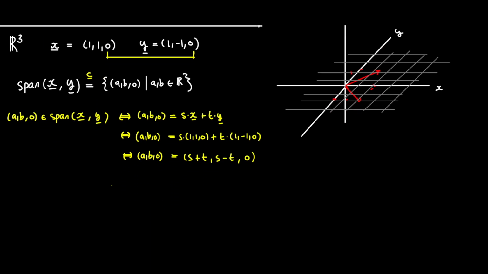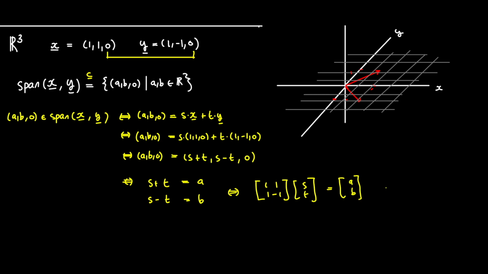And now this again becomes a linear system. It's just saying that s plus t is equal to a, and s minus t is equal to b. This here is a matrix equation: the matrix (1, 1; 1, -1) times (s, t) is equal to (a, b).